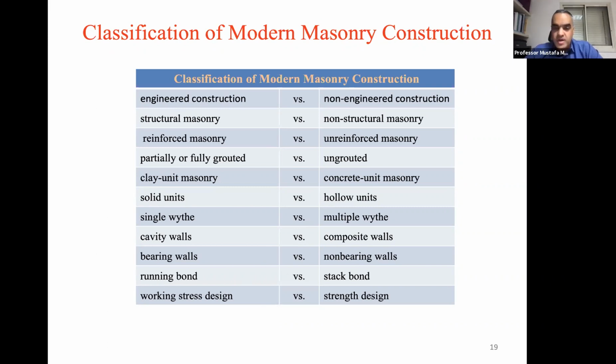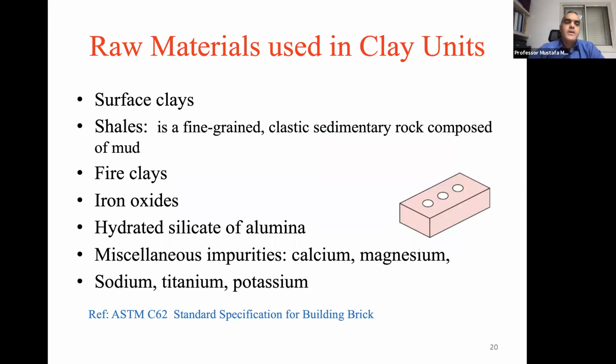So we know what we are designing based on the function of each type. For the clay masonry, which you saw in the photos before, that's not a concrete block that we typically use. These are surface clays that are used for the building envelope. Those are made of shales, the fine grained clastic sedimentary rock composed of mud.